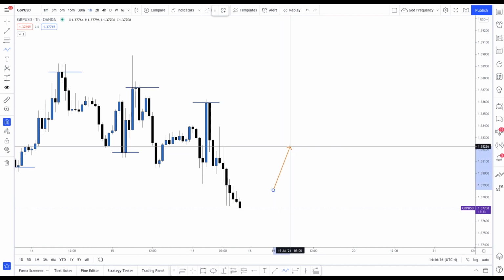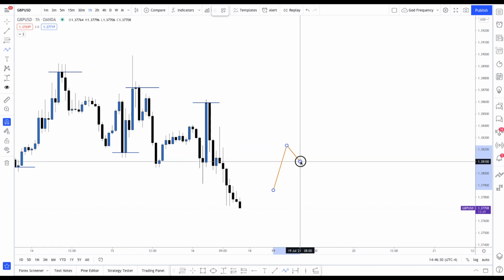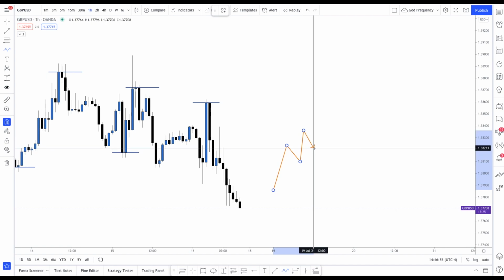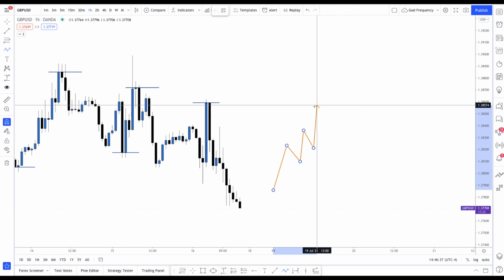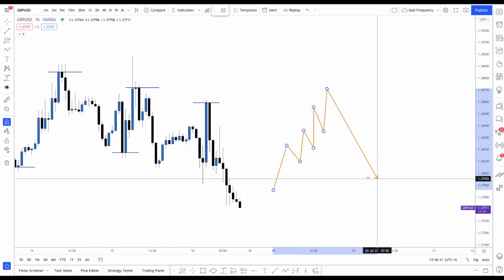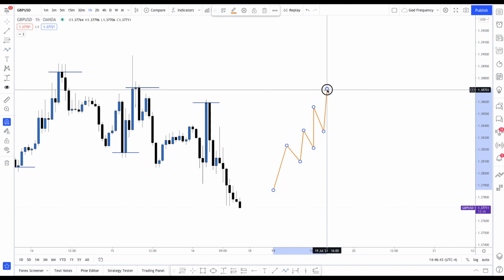Obviously, if we have an uptrend, we make a high, we make a low, then we make a higher high, then a higher low, and then a higher high, and so forth. That's if we are trending upwards.